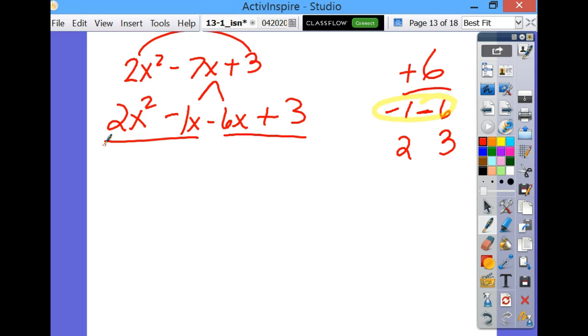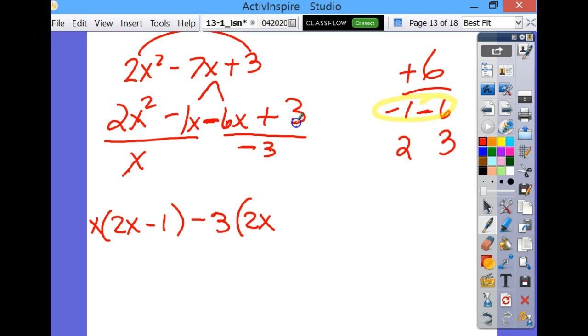What factors out of the first group? If this is negative, I need to factor out a negative, and 6 and 3 both divide by 3. If I divide an x out of that, I have a 2x minus 1. If I factor out a negative 3, that's going to give me a 2x, and that's going to give me a minus 1. 2x minus 1 is the common term.